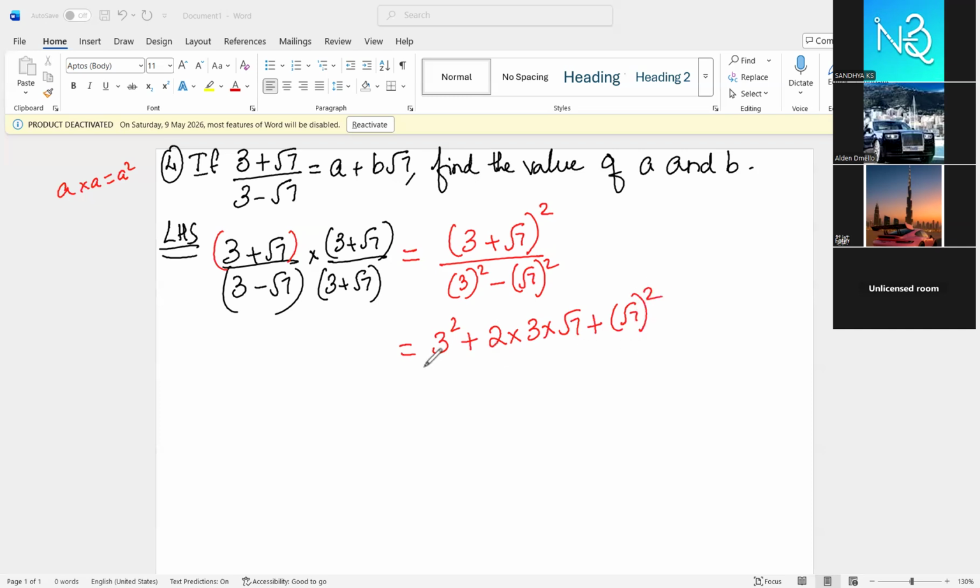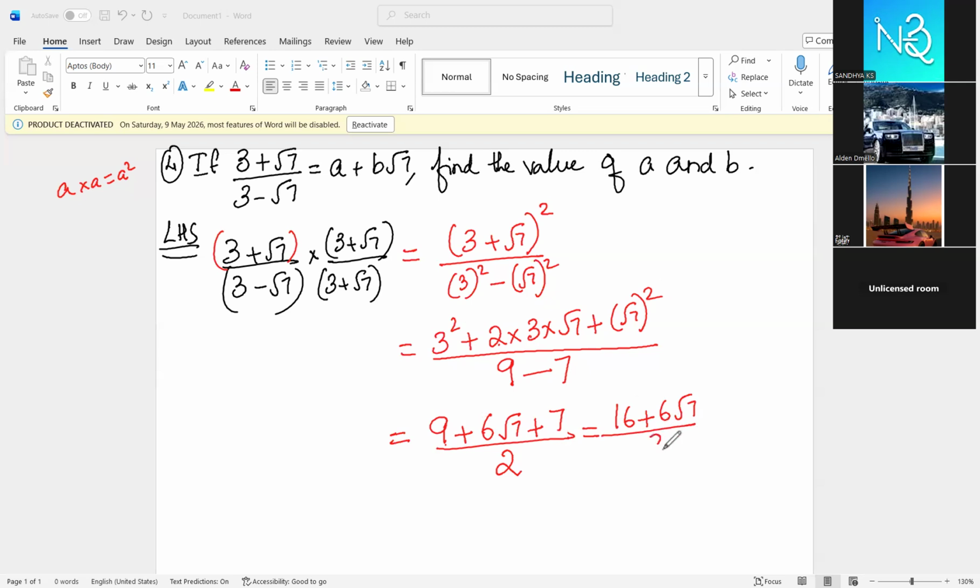So that is 3 squared, 9, plus 2 into 3, 6 root 7, plus root 7 whole squared, 7, divided by 9 minus 7, which is 2. I can't add 9 plus 6 root 7, but I can add 9 plus 7. 9 plus 7 is 16. Yes. 16 plus 6 root 7 divided by 2.